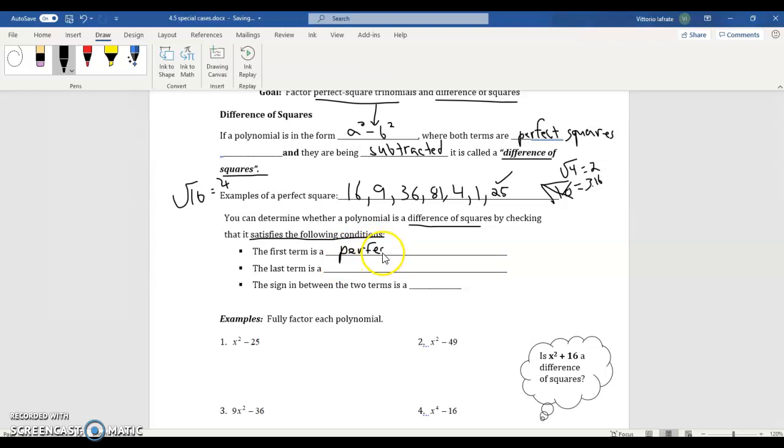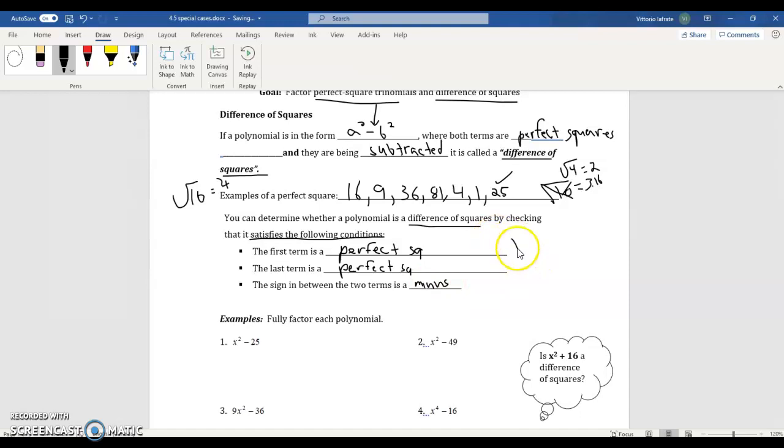The last term also needs to be a perfect square. And the sign in between those terms has to be a minus. It has to be a subtraction.